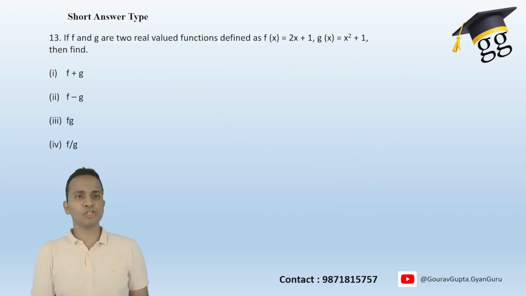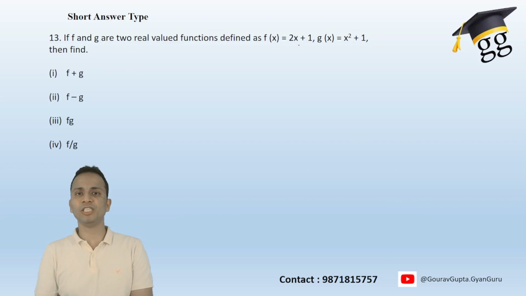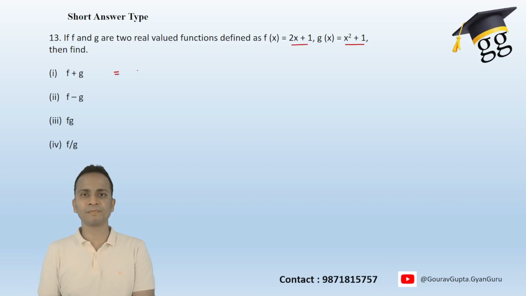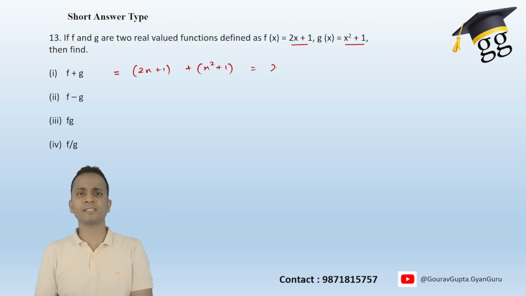Moving on, 13th question. You are given two functions and you will have to apply operations addition, subtraction, multiplication and quotient on these two functions. So f plus g, this is f and this is g, just simply add them. So 2x plus 1 plus x square plus 1. Simplifying it, you can write it as x square plus 2x plus 2.